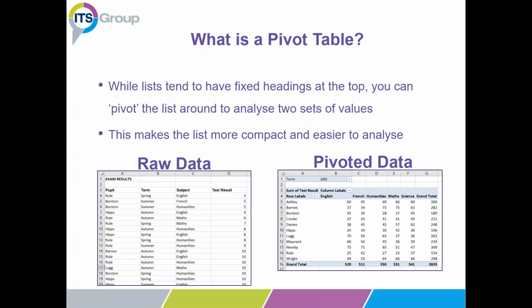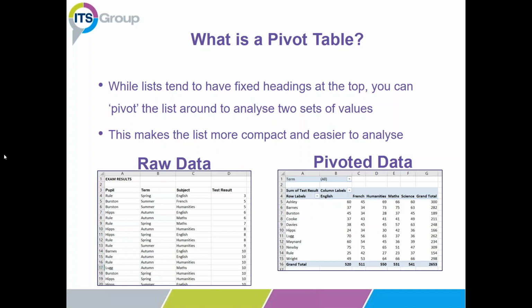Once you've got a pivot table, you can do some common commands in there, such as sorting the data, you can filter the data. The fields, as I say, you can put additional fields in, take them out, move them around, pivot them around if you like. And in this example, you can see that Excel has decided to sum the test results from my underlying data source.